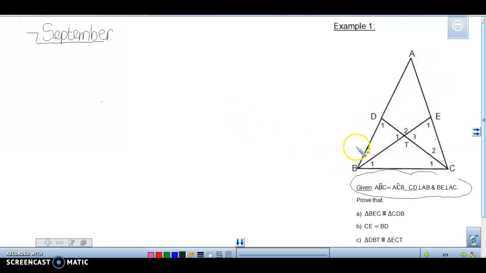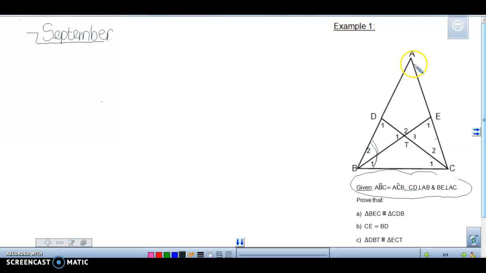And I'm going to study the diagram. In this diagram, they give you an angle ABC, which means A to B to C, which means that you are working with this angle ABC, which is also angle B, is equal to angle ACB.